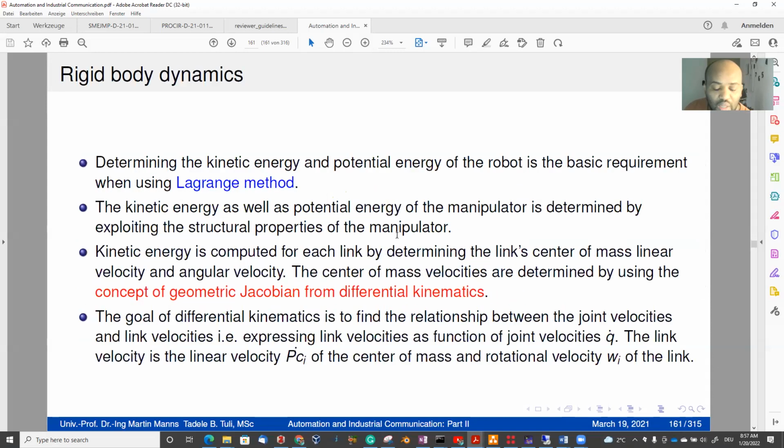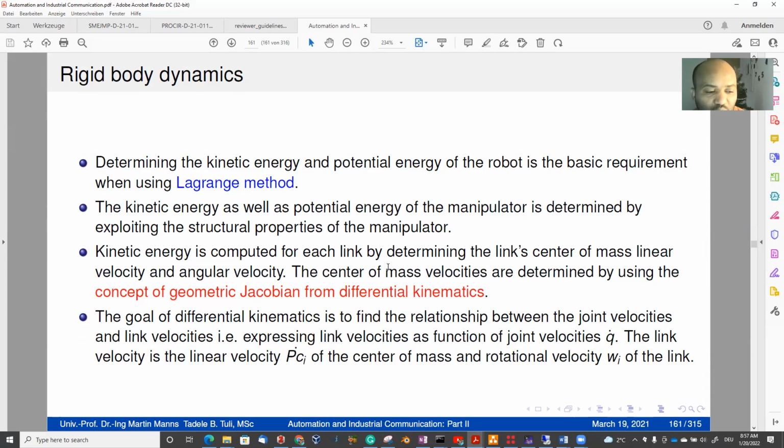Actually, for dynamics, there are two well-known approaches. The first is the Lagrange method. The Lagrange method is an energy method which considers potential and kinetic energy for computing the dynamics of the robot, depending on the energy expenditure.